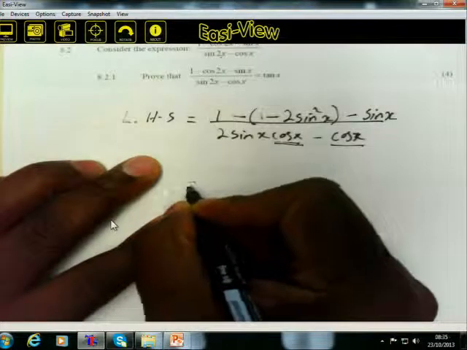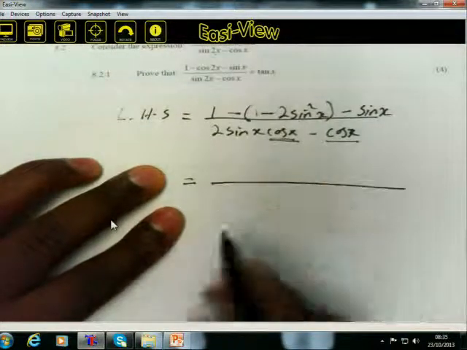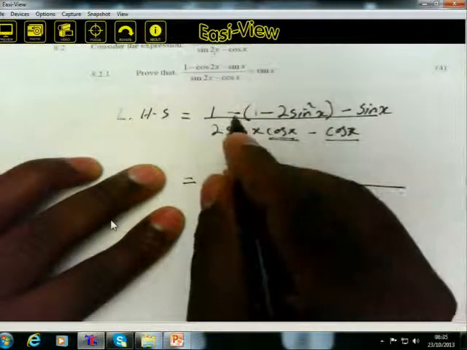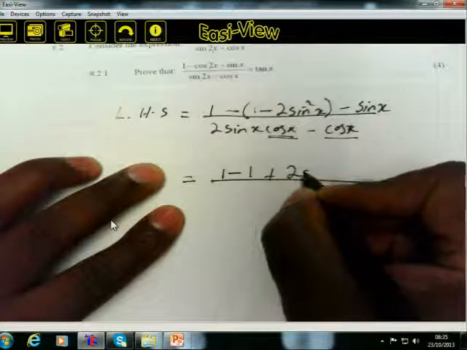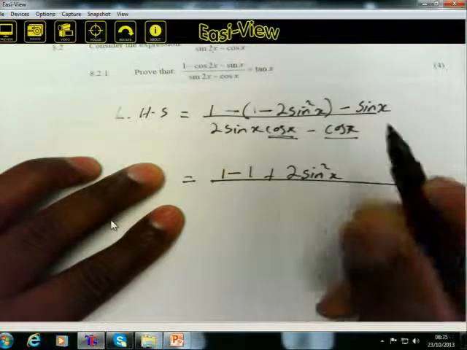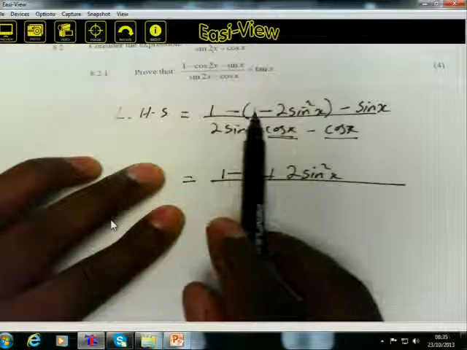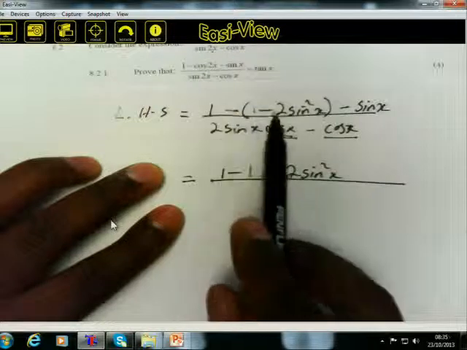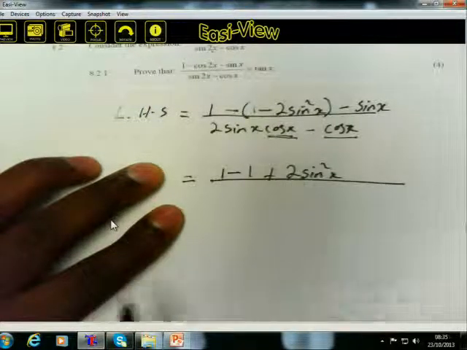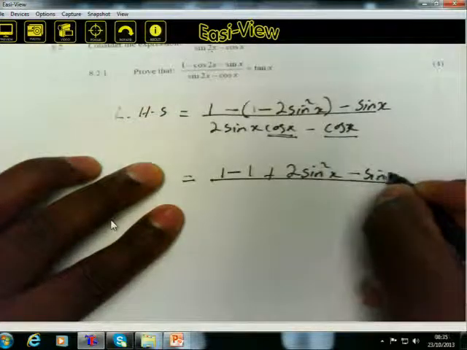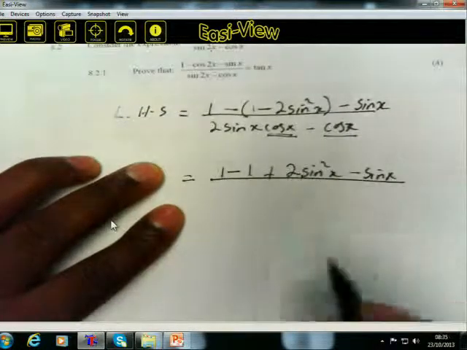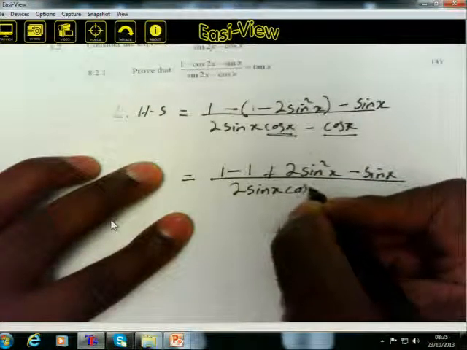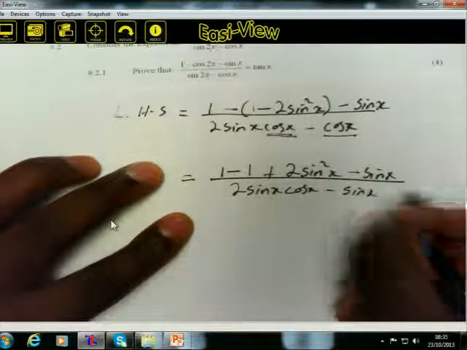Let's remove the brackets step by step. 1 minus, negative multiplied by positive 2 sine squared x. If you multiply throughout by the negative, negative times 1 is negative 1, and negative times negative 2 sine squared x gives positive 2 sine squared x, minus sine x, all over the denominator, which still has 2 sine x cos x minus sine x.